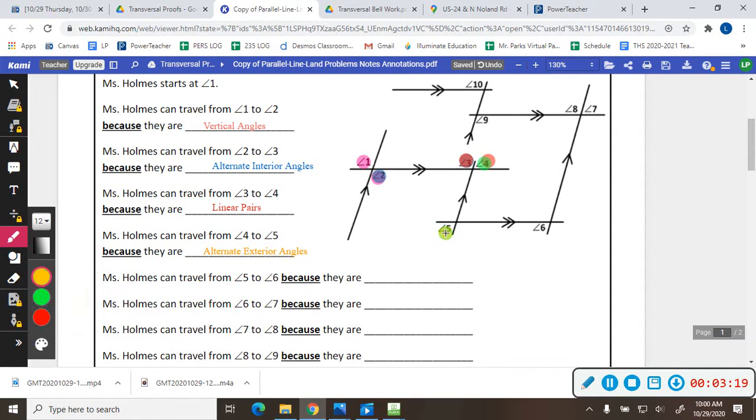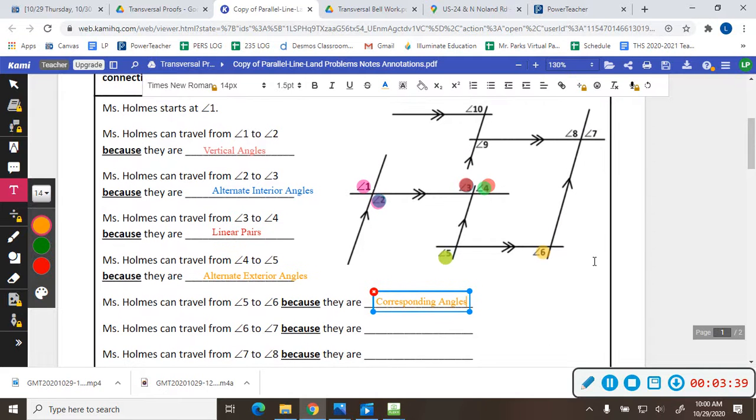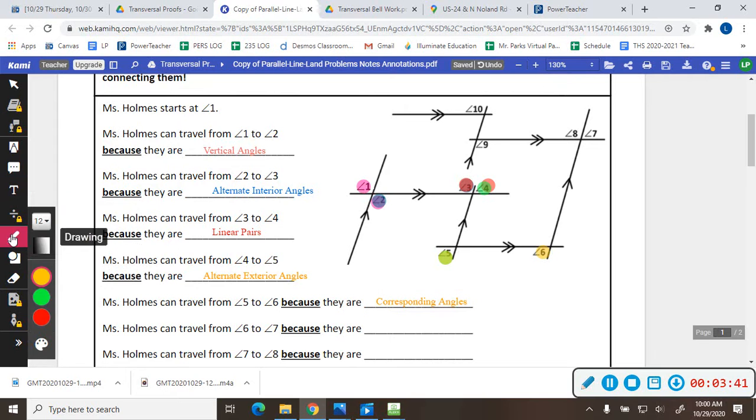We could go from 5 to 6 because they are same side. And then we could go from 5 to 6 because they are corresponding. And then we could go from 6 to 7 because they are alternate exterior angles.